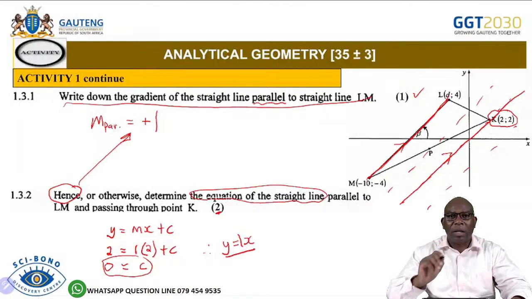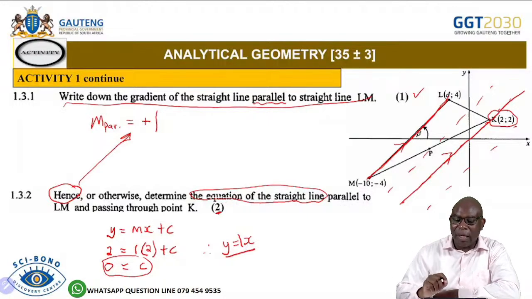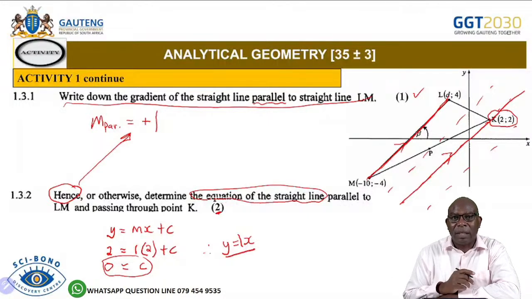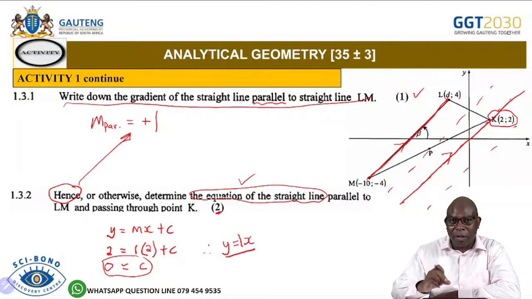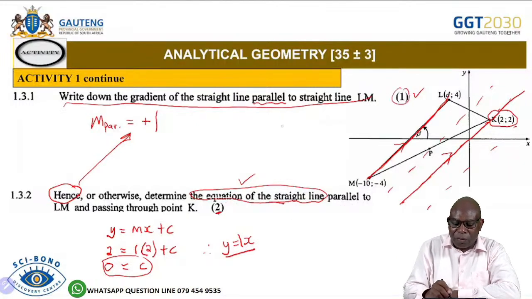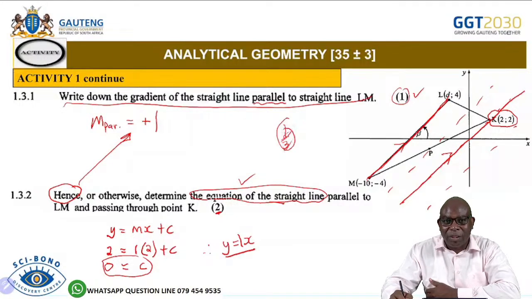But they decided to say, let's first ask what the gradient is, and then from there, the other question will be to determine the equation of the straight line passing through that point. Can you see how they break down that question to say, at least this learner, if he doesn't understand this, he'll get 1 out of 3, and 1 out of 3 is a pass because it's 33.3%. Can you see that? Right?